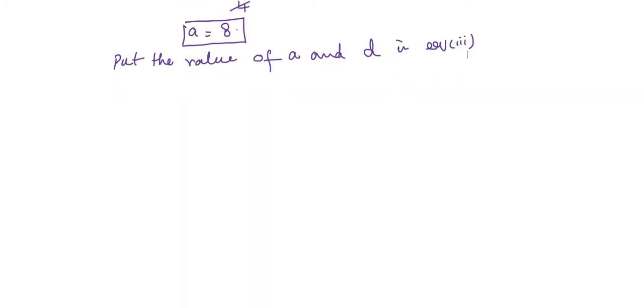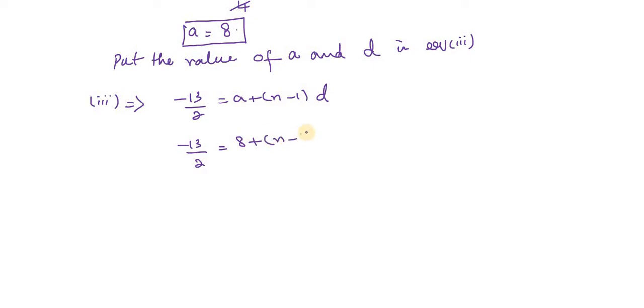Our equation number 3 is minus 13 upon 2 is equal to A plus n minus 1 of D. Put the value of A and D, and D is equal to minus 1 upon 4.